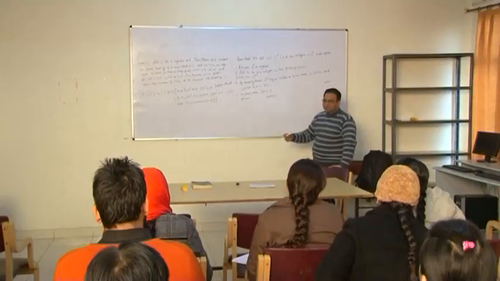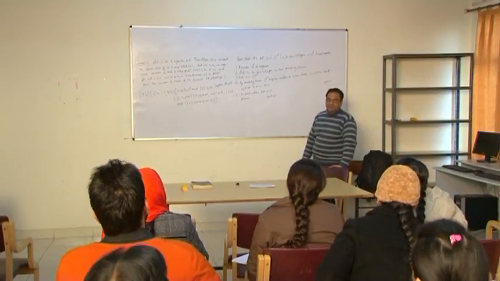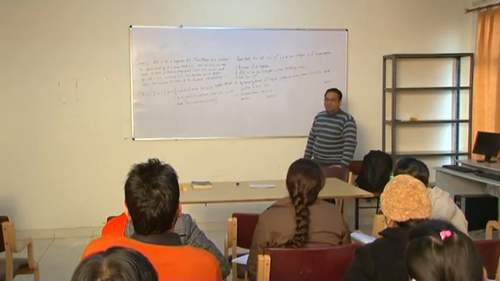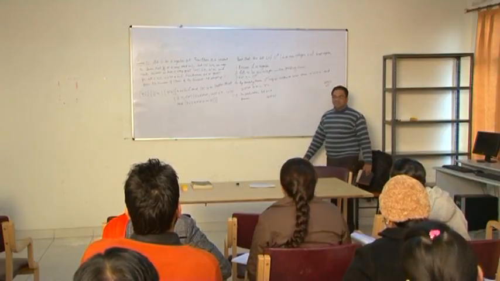Z. What is z? See the third point. 0 raised to power n square. What is the length of z? n square. So the length of UVW is n square.